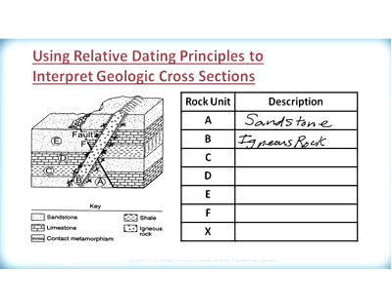Rock unit C, which is represented by dashes in the key, would represent shale. Rock unit D, which is bricks, would be limestone.